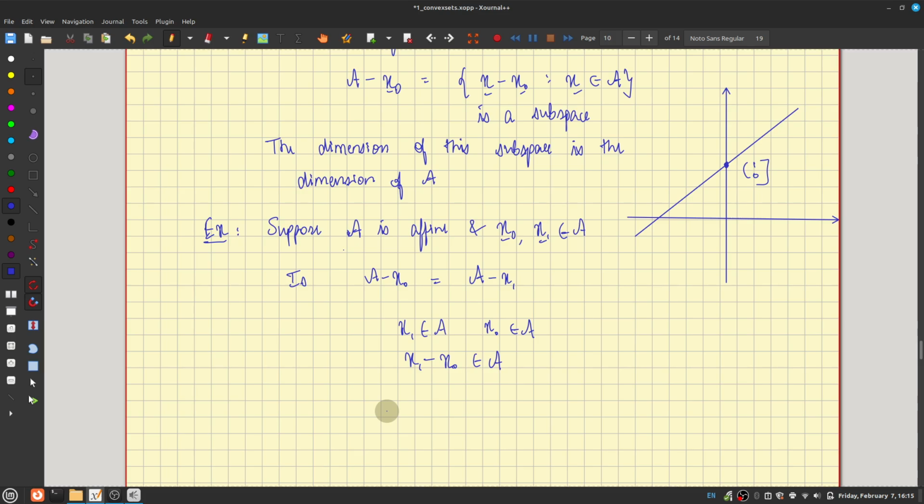You could take theta 0 and theta 1. And then xa minus x naught is xa minus x naught plus theta times xb minus xa. I'm sorry, can you repeat?